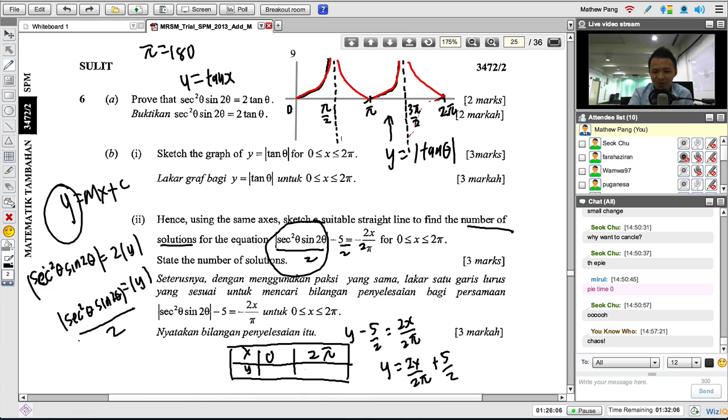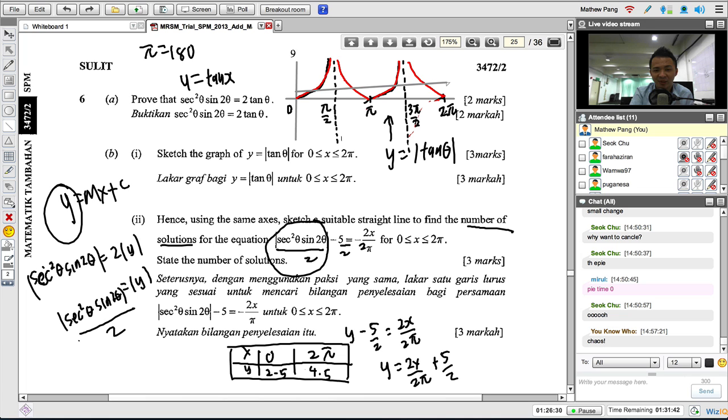Alright, I substitute 0 here, I just got 5 over 2, which is 2.5. Alright, and then I put 2 pi over here, is 4 pi over 2 pi is 2. 2 plus 2.5 is 4.5. So randomly my line is just somewhere here from 2.5 to 4.5.